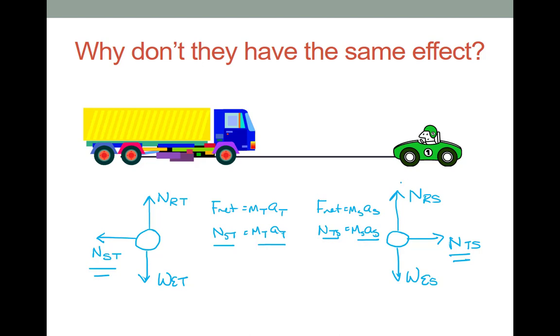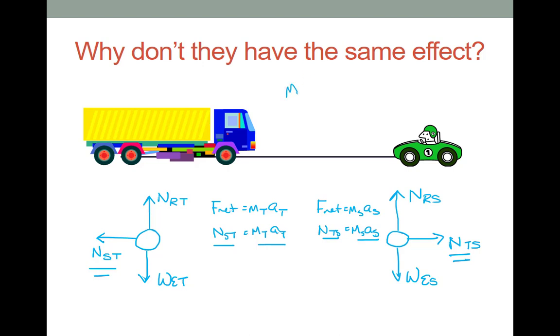But look at them. This guy is little. He's probably in a fiberglass or aluminum-bodied, lightweight little car, whereas this truck is going to be made of nice, strong steel. Okay, so there's a couple things that come from that.